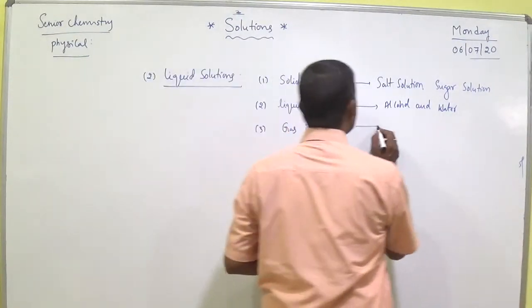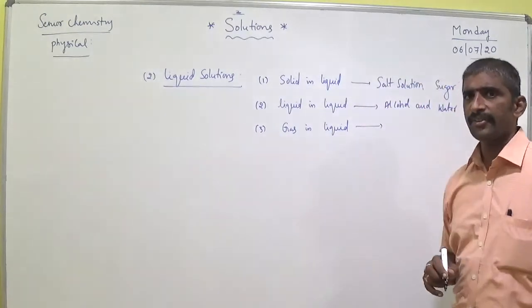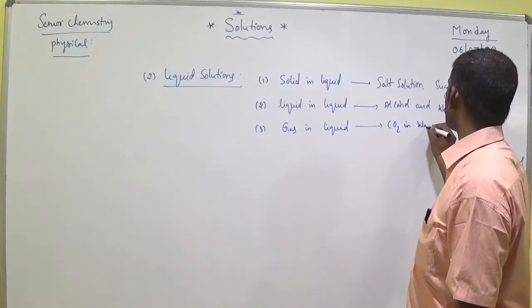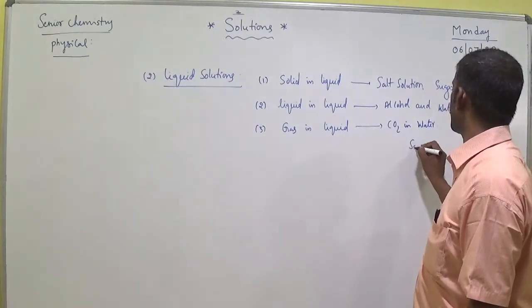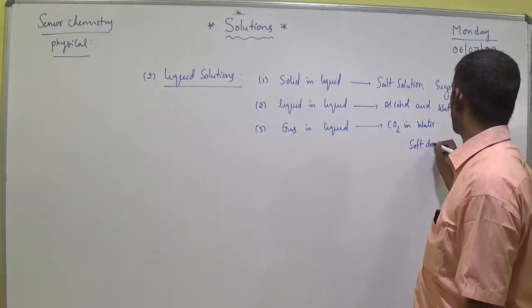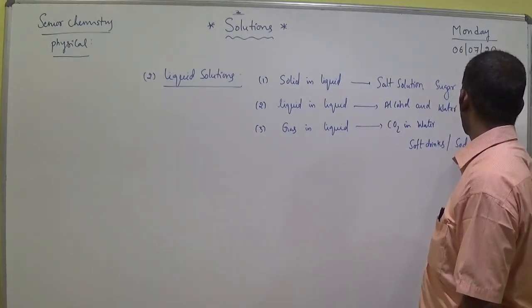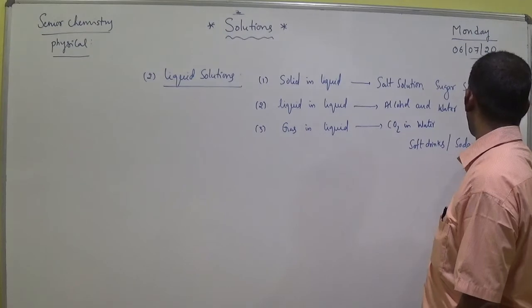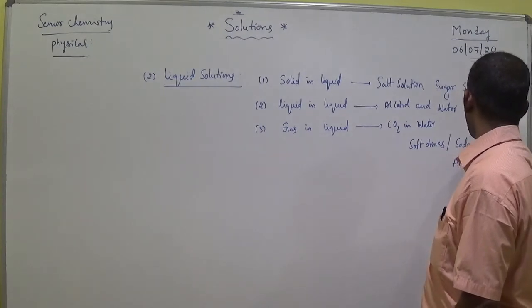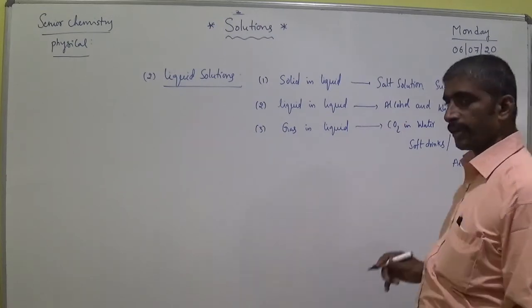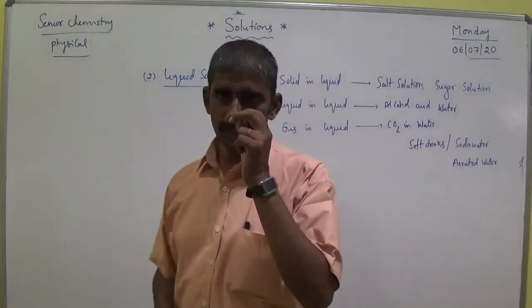Gas in liquid. An example is CO2 in water. That is simply soft drinks or soda water, also known as aerated water. We know cool drinks and soft drinks are also known as aerated water.